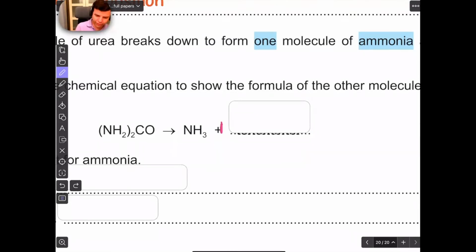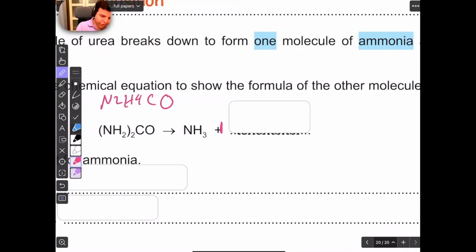So try, for instance, here, I have 2 nitrogens, right? I have 4 hydrogens. I'm taking this compound on the left. Let me just show you. So I have 2 nitrogens, 4 hydrogens, and 1 carbon, 1 oxygen, right? What's the other compound I have here on the right? I have NH3, right? So minus NH3. What are you going to get as that missing compound? So you get 1 nitrogen, agreed. 4 minus 3 hydrogens becomes like 1 hydrogen.